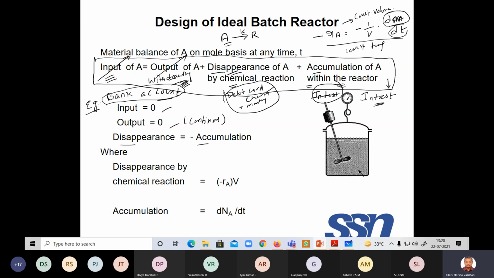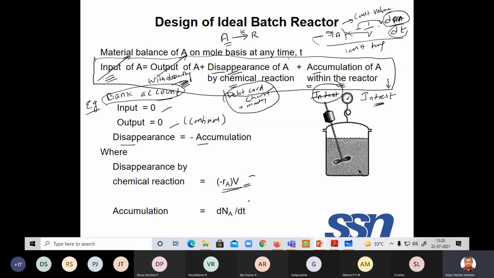How much is the disappearance? It is moles per time. So dNA by dt is nothing but minus rA into V. This minus is because of disappearance, right? We are writing for the disappearance, so minus rA into V. You multiply here. Any doubt here? Disappearance, how are you getting the term?